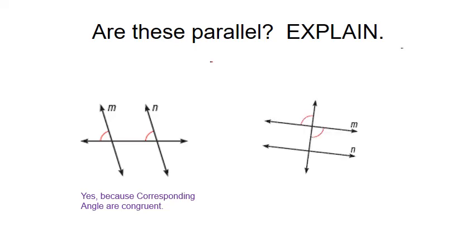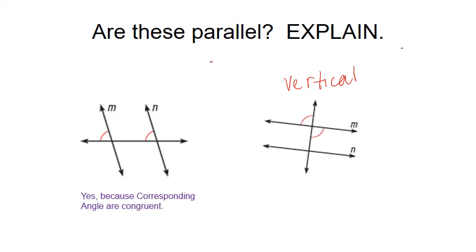Now we have the transversal cutting the two lines vertically rather than horizontally, so our picture is a little different, but we know that this angle and this angle are congruent. What kind of angle pair does that form? Does it form alternate interior, exterior, same side, or corresponding? No, these are vertical angles.